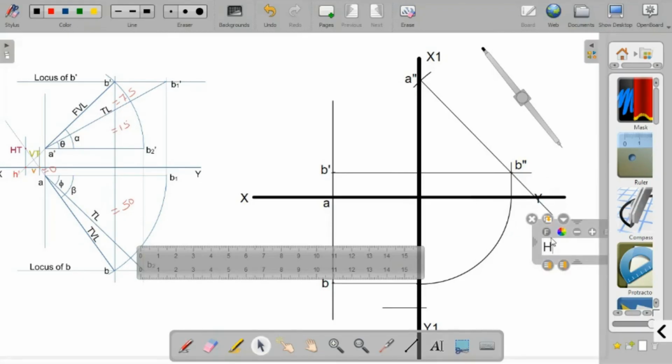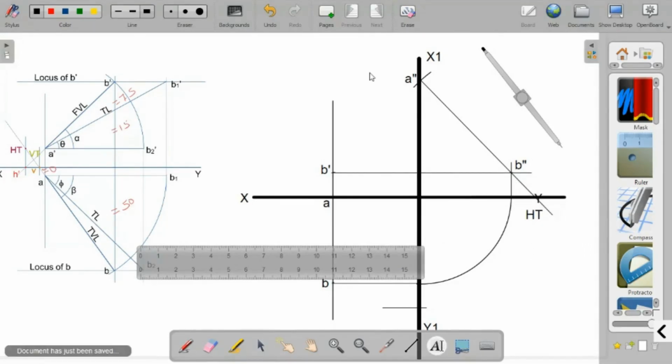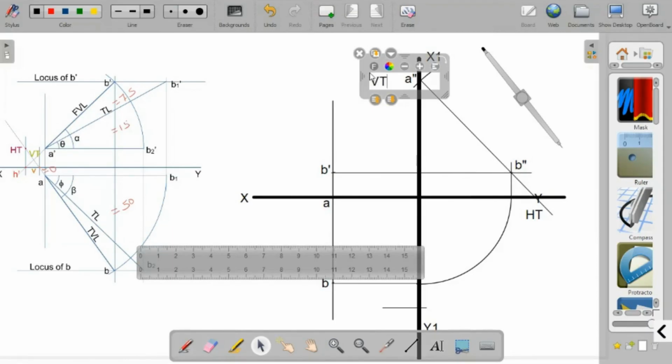Sorry, XT. This is point XT, and here is point VT.